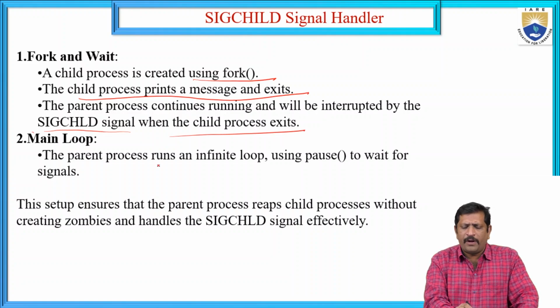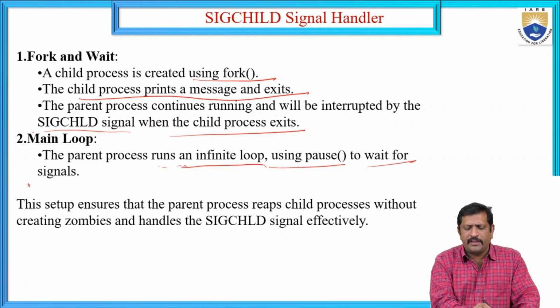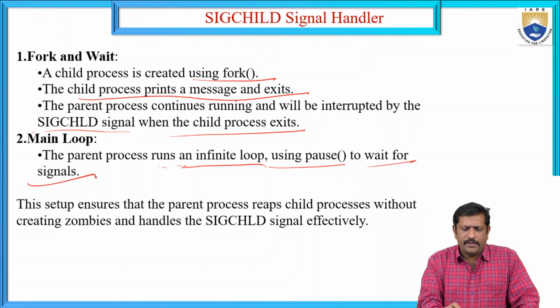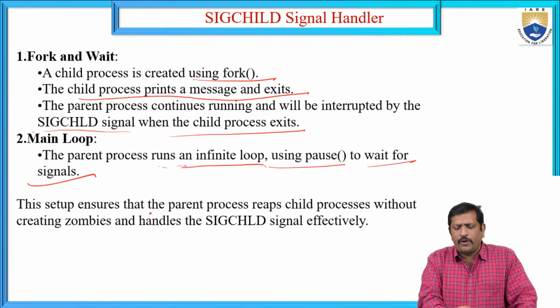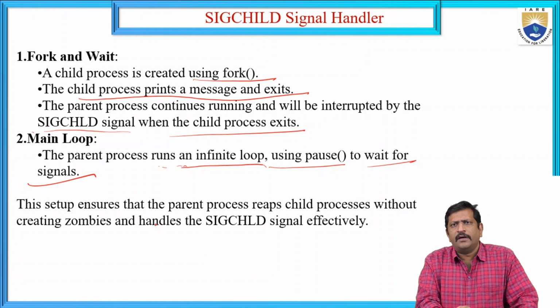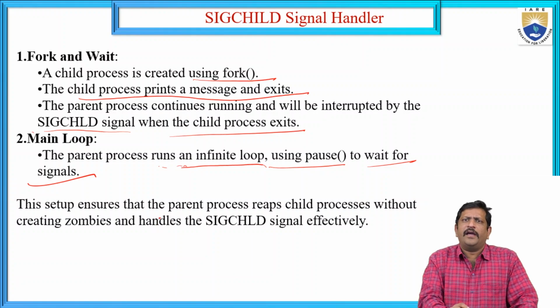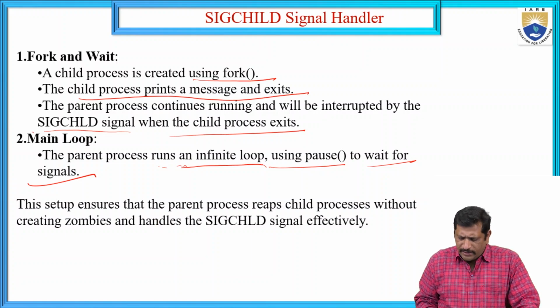The parent process runs an infinite loop using the pause function, which waits for signals. With this setup, the parent process reaps the child processes without creating zombies and handles the child signals very effectively.